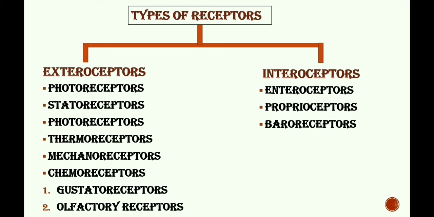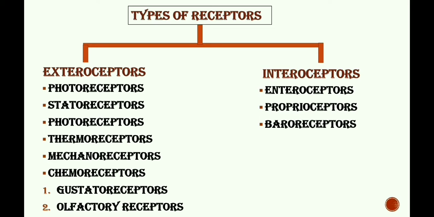If I say the word exteroreceptors, that means the one which receives external stimuli. And if I say the word interoreceptors, that means the one which receives stimuli coming from within the body. So talking about exteroreceptors, there are different types of exteroreceptors.